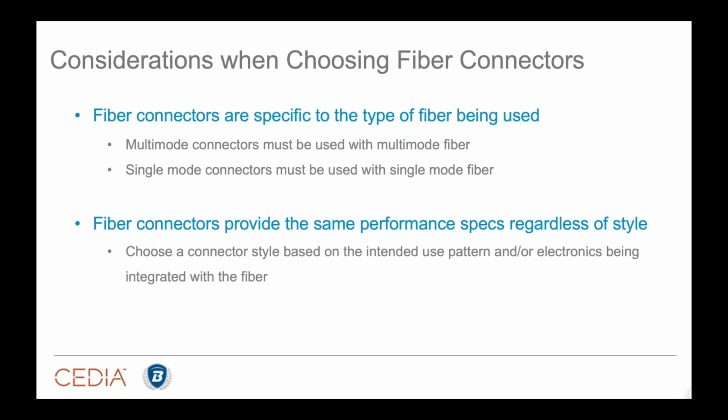A lot of people will ask us, do I get better performance out of an LC connector or an SC style connector? Which one's going to operate the best? They all have the same optical lenses, at least in terms of overall bandwidth and overall performance. So it really comes down to what devices you are connecting to the fiber. That should help determine the type of connector that you operate with.